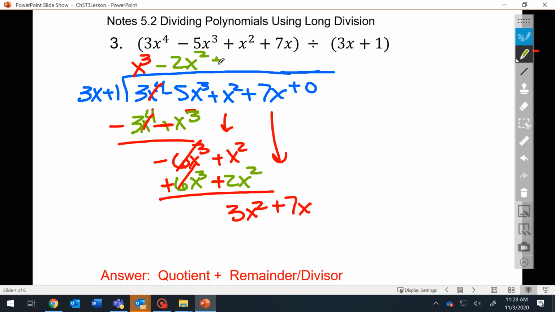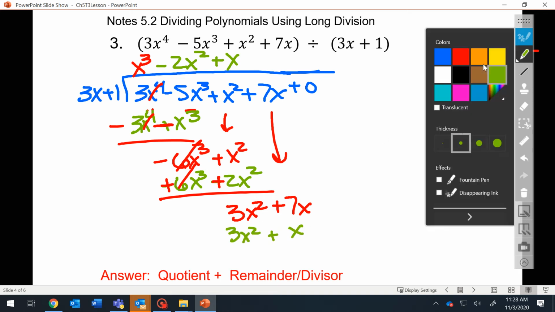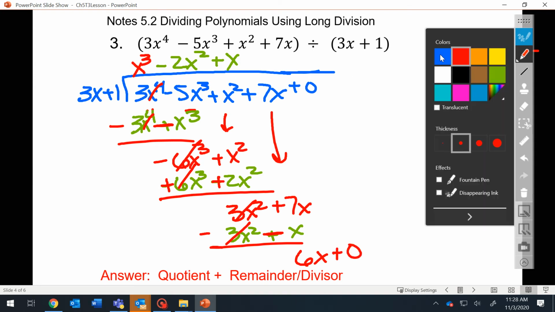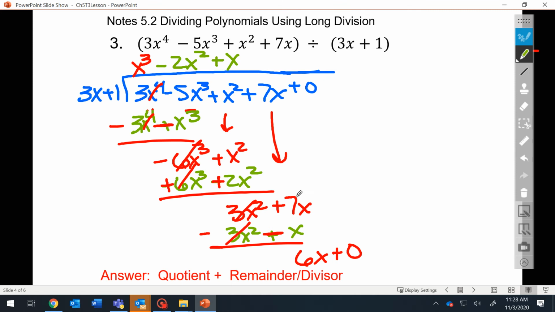Alright, so I would have to multiply by x, because 3x times x is 3x squared, and 1 times x is x, and then I'm subtracting it, so these cancel, and I get 6x, and then plus 0, and then 3x goes into 6x 2 times, 3x times 2 is 6x, and then 1 times 2 is 2.